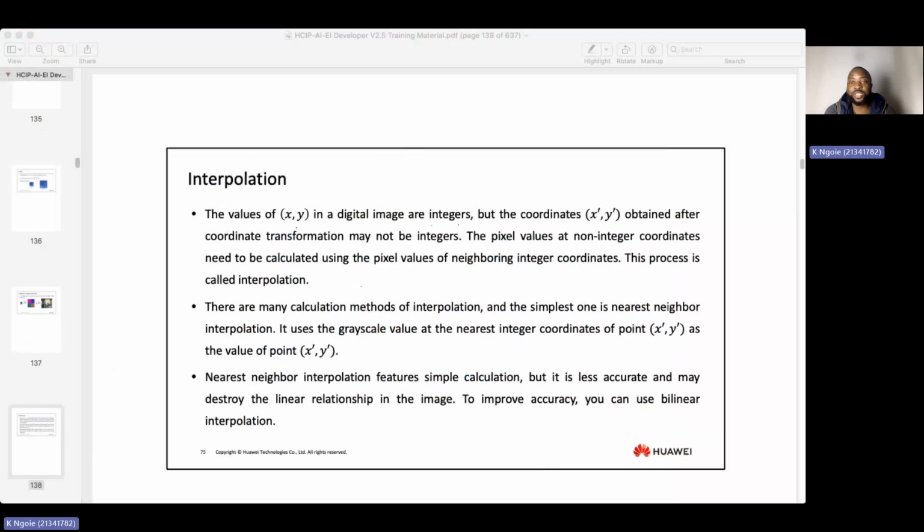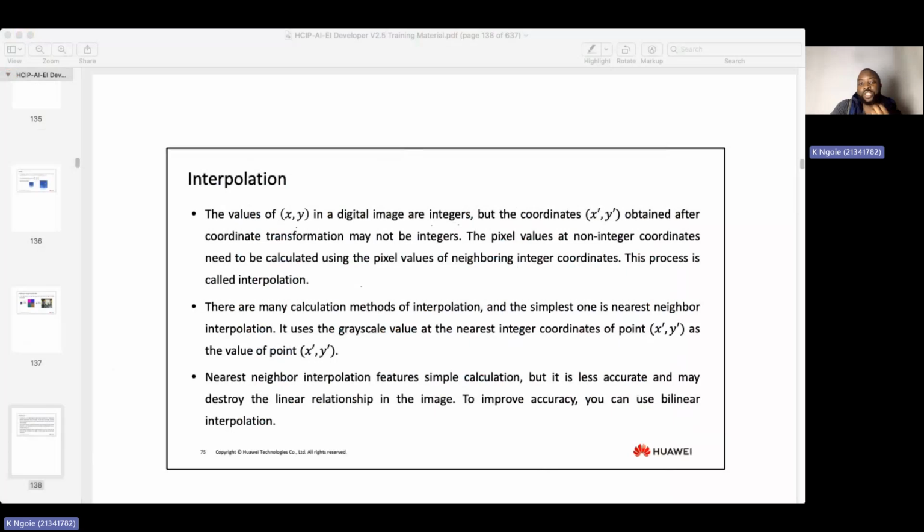So this is the process of estimating new pixel values based on existing ones. Interpolation is basically the method of computing the intensity value of a pixel at a known integer location using nearby known pixel values. This is needed whenever the new pixel grid doesn't align exactly with the original grid, for example during scaling, rotation, or translation.